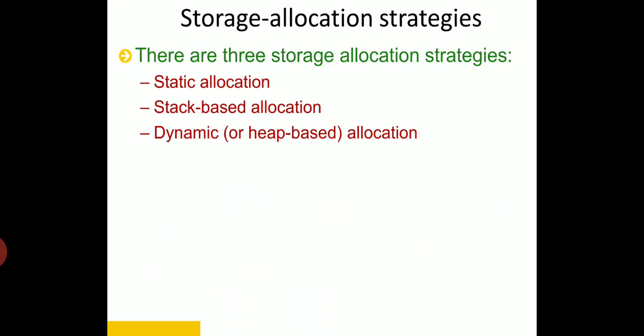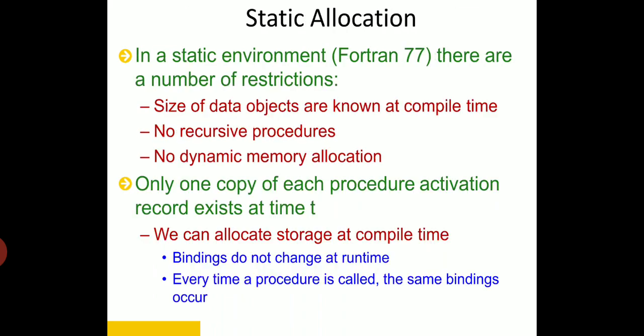In the case of static allocation, if there are static variables, we have already learned about static variables in C programming language. They maintain consistency of values, so static variables will be allocated storage in the data segment area. They will not be allocated in stack or heap.